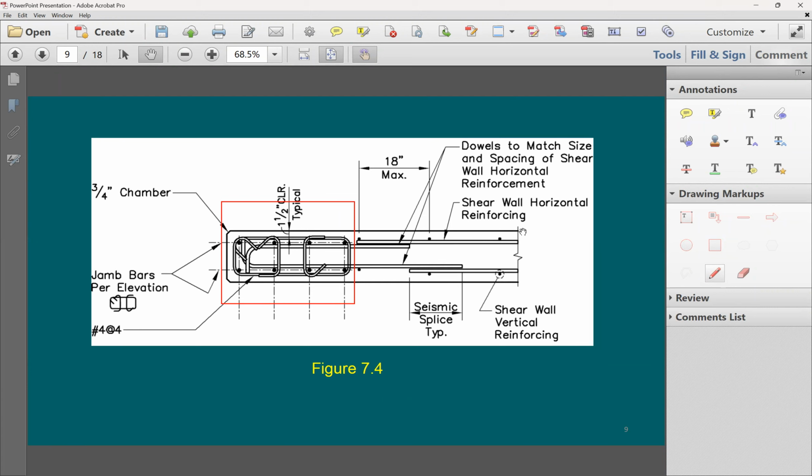How much is it? 0.0028, good, which is more than 0.0025. This is okay. This is the one that I can use in my design.